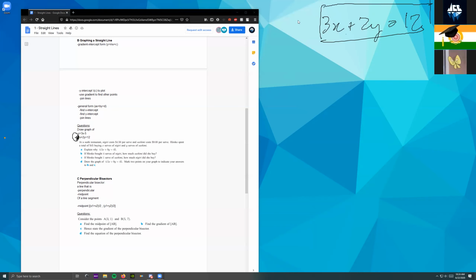To find this, an easy way you can do it would be to insert zeros in each of the x and y values. So you can find the x-intercept and you can find the y-intercept.